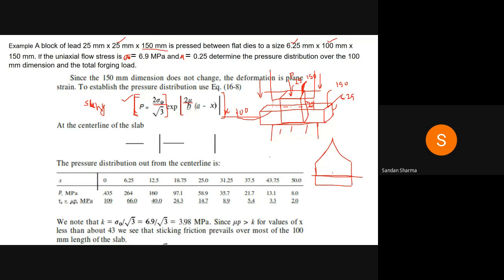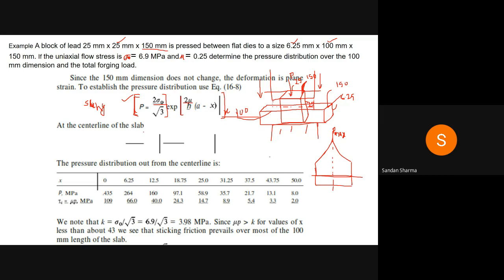So here you will be getting the maximum pressure, P max. I'm using a mouse, so it will be a bit rough, but please try to understand. It is P max at the center of the line. Here you are getting the maximum stress, the maximum pressure required. So the pressure distribution will be like that.